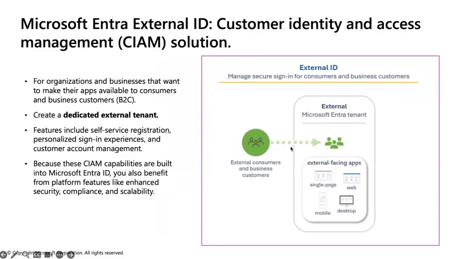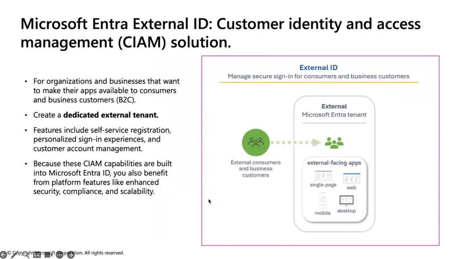Using this option, we can provide customers different benefits, like self-service sign-up and their own personalized sign-in experiences that we can configure, and we can separately manage their identities in a separate external tenant inside our Azure environment.